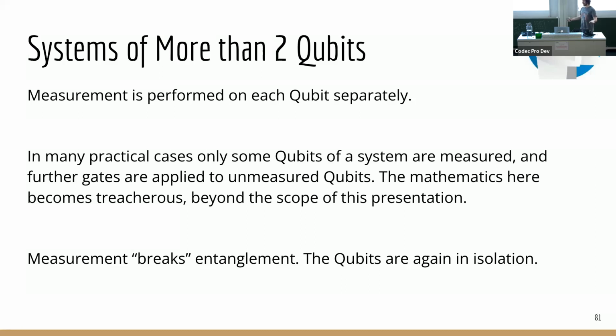This is all mathematically very well defined. However, the mathematics here gets a bit treacherous, and it's beyond the scope of this presentation. And lastly, once we take these measurements, we have essentially broken entanglement. Our qubits are again in isolation, and we can state the qubit state again as a tensor product.